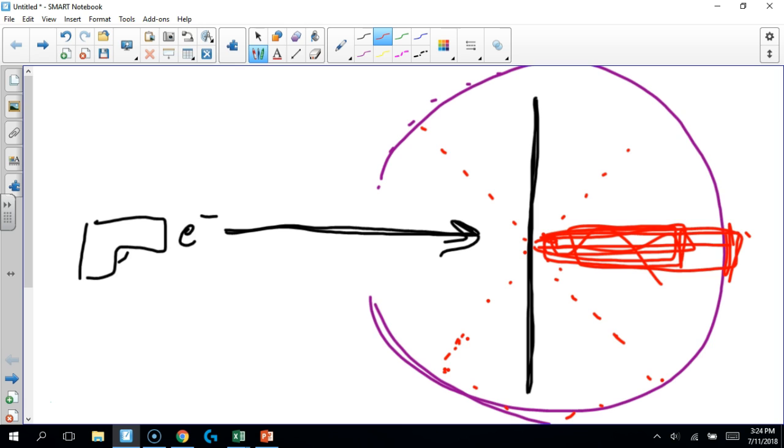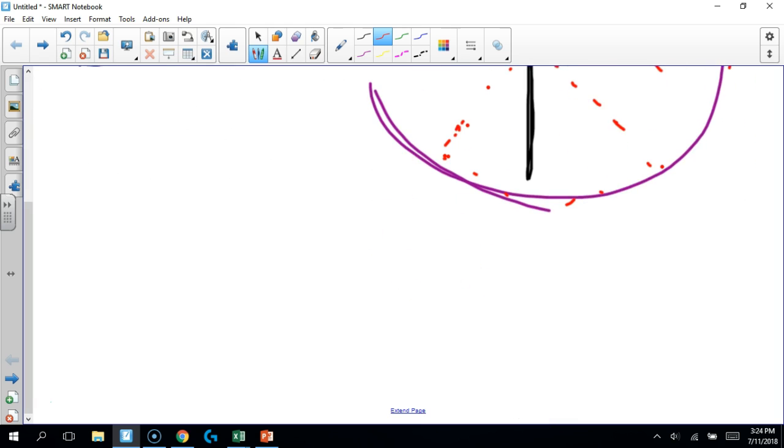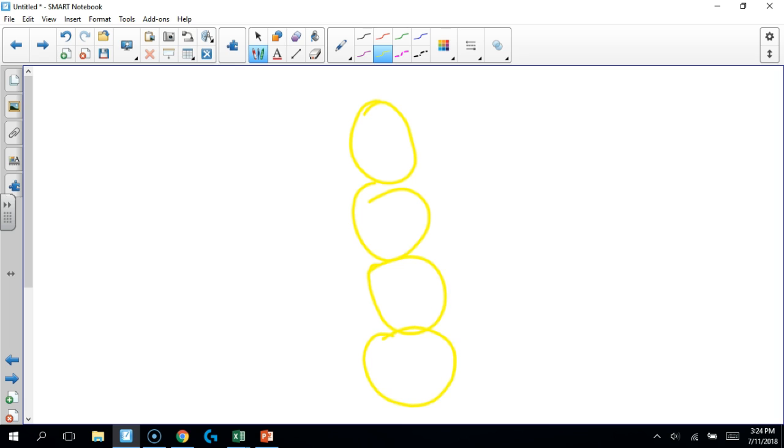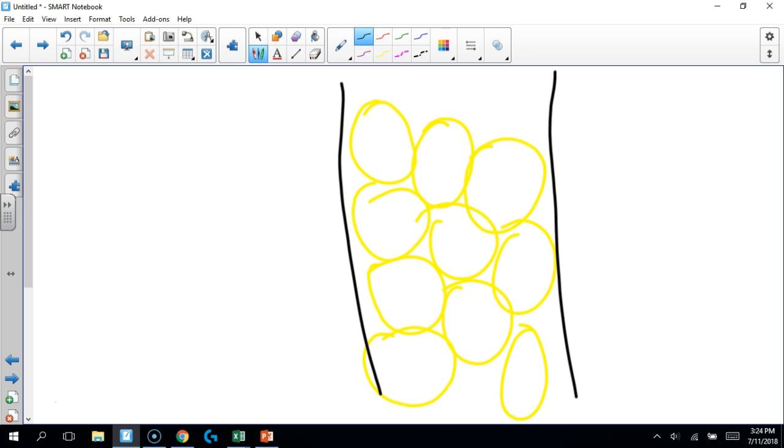What that really meant was that if we look at an atomic view of what the gold foil looked like, I'm going to break out my gold atoms here. And remember, the gold foil may have only been 3 or 4 atoms thick. So the gold foil may have only been this thick in terms of atoms.